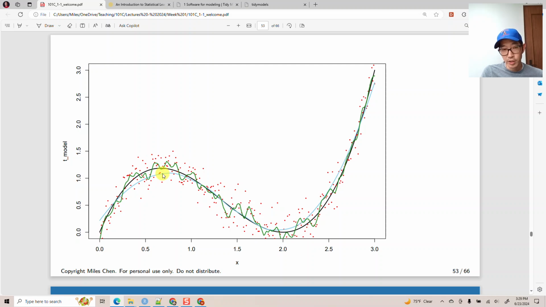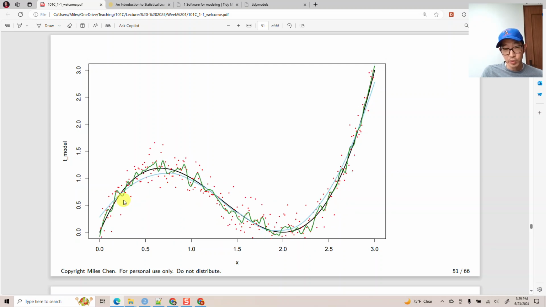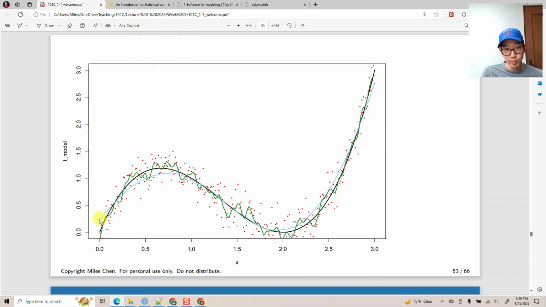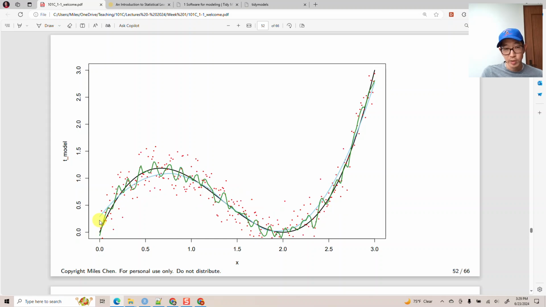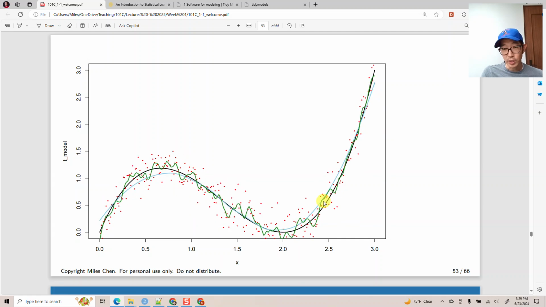You can see that the light blue line changes a little bit, but only a little. If you look at this little corner down here, or over here, the light blue line does change, but not that much.